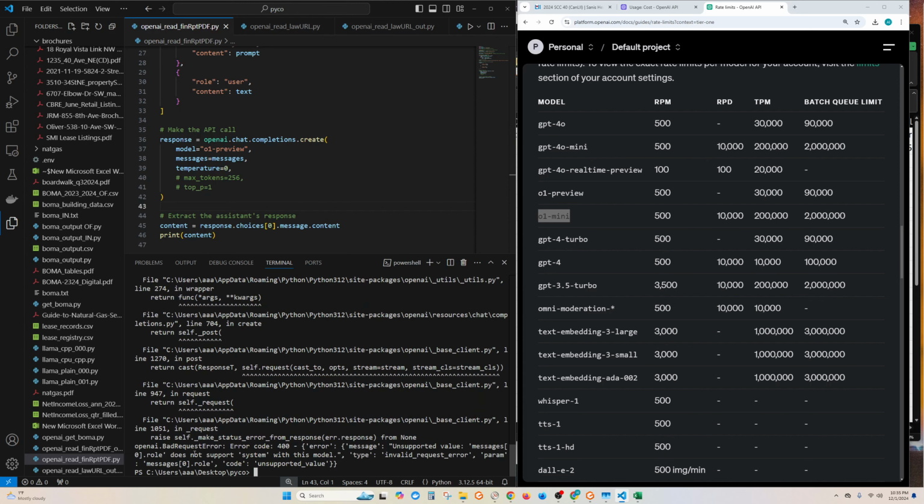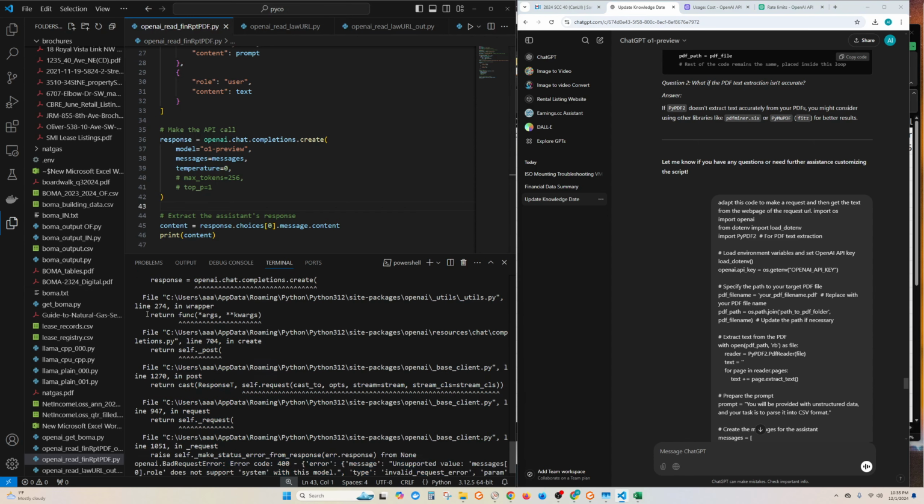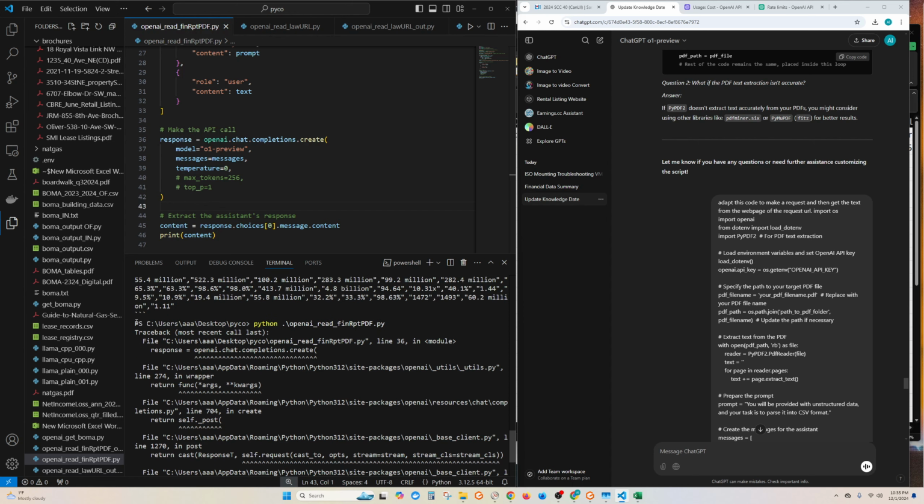What did I get? Unsupported value messages. This does not support system with this. Come on, man. I don't want to deal with this right now. Let's just pop that into the ChatGPT chat and see if we can't get this sorted out in real short order.